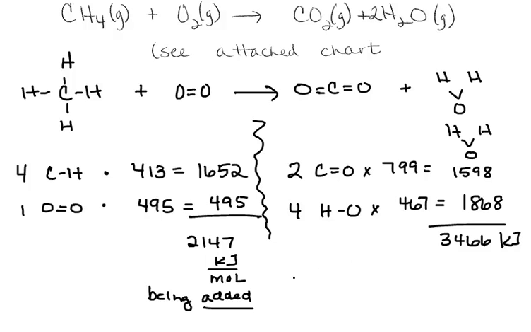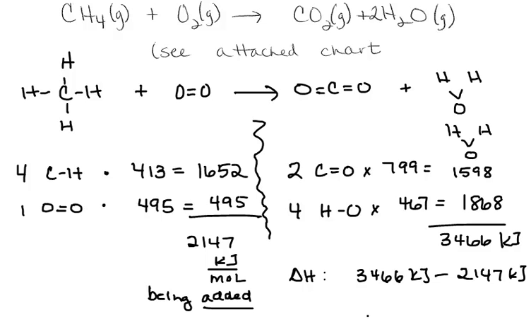So now to find the total enthalpy, it's going to be 3,466 kilojoules. Basically, it's going to be the products minus the reactants. But this is one of those where you always have to think about what's going on. Energy is being given off.